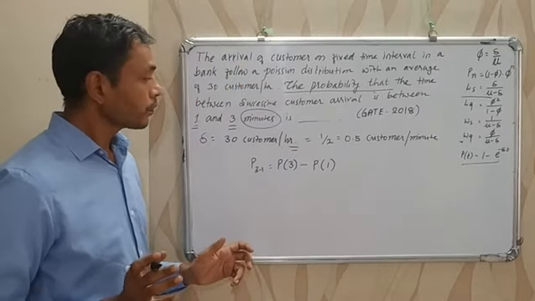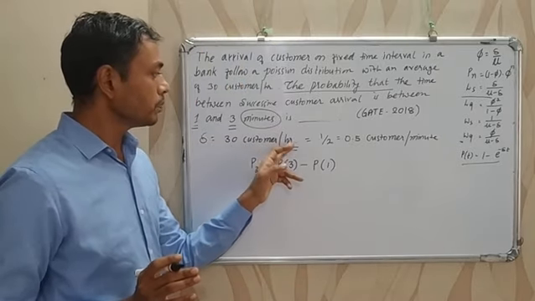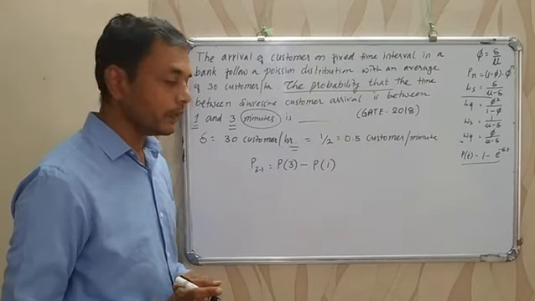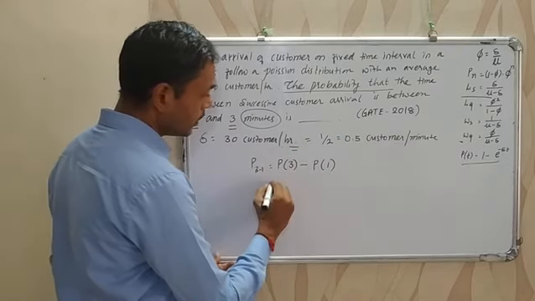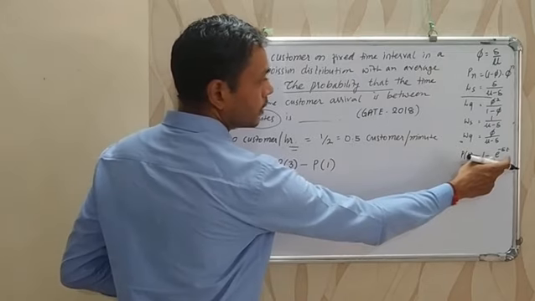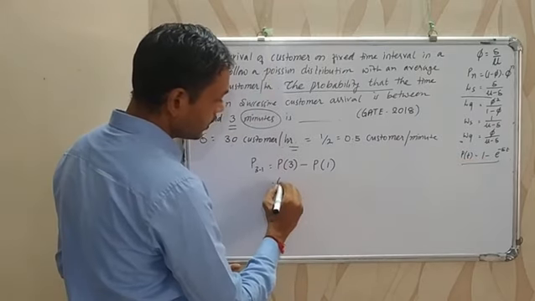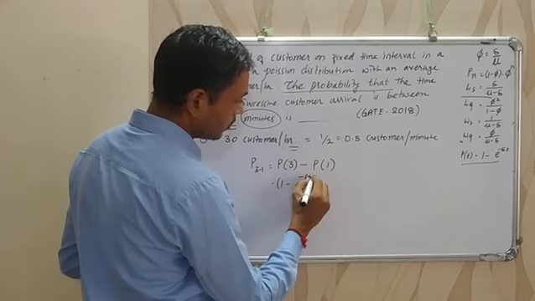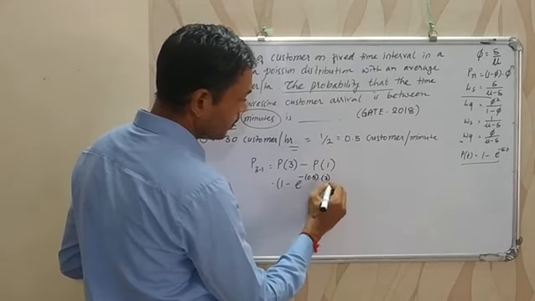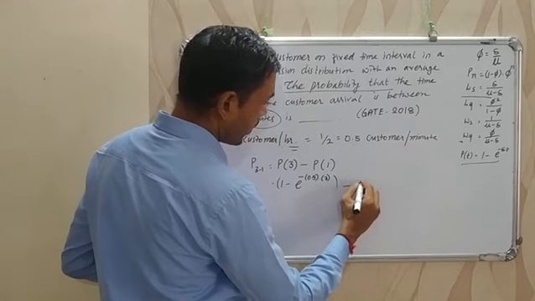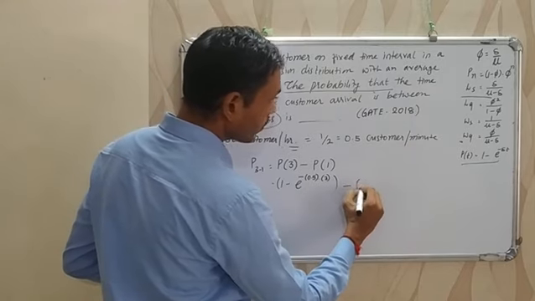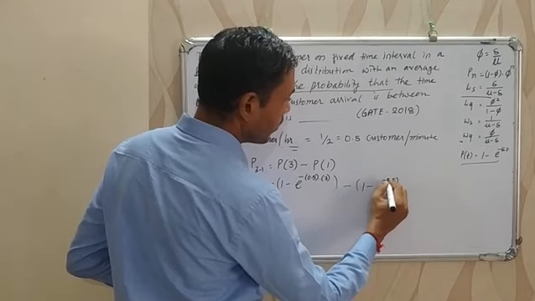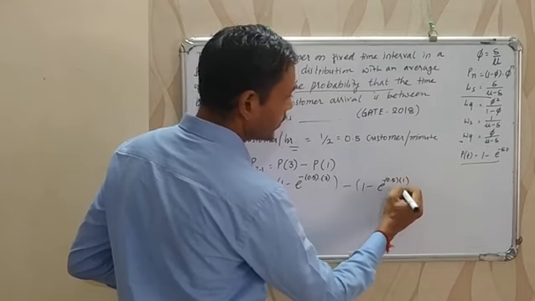That is 30 customers per 60 minutes, so half a customer per minute. Now the probability of 3 is equal to how much? 1 minus e raised to minus delta t. So 1 minus e raised to minus 0.5 into t3, minus 1 minus e raised to minus 0.5 into time t1.